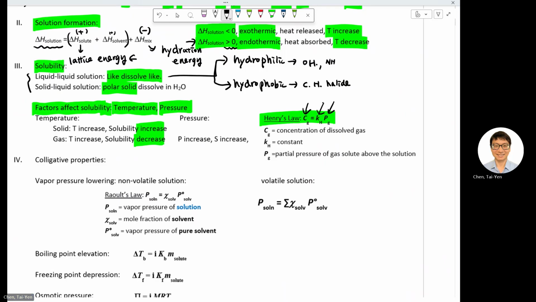If I don't apply any CO2 pressure onto my water, what's the solubility of CO2 in water? 0. Anyone here a chemistry major?